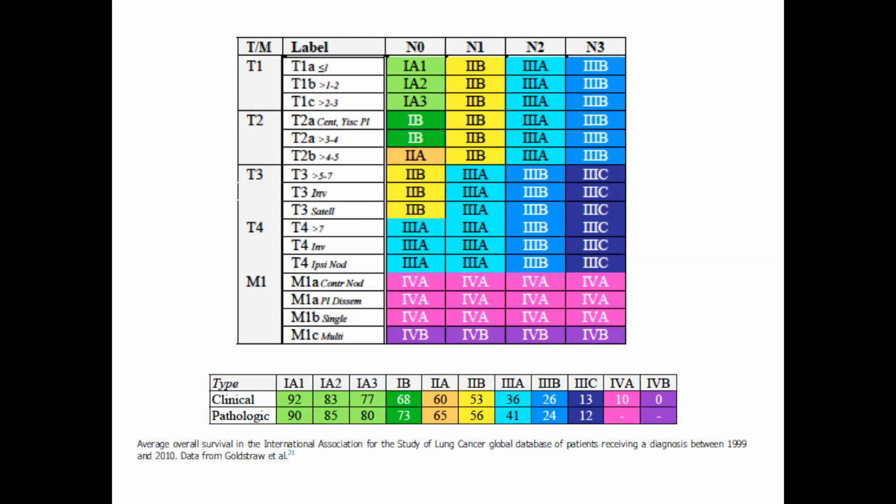So these are historical data used to inform the current staging system, but we don't know what the current survival for patients presenting today will be. But we have reason to believe that it could well be better than that, because historically data has improved over time as further treatment options, whether those be medical care, surgical care, the options to treat patients with the various chemotherapeutic agents. So we expect that survival is probably currently a bit better than that for the various stages.